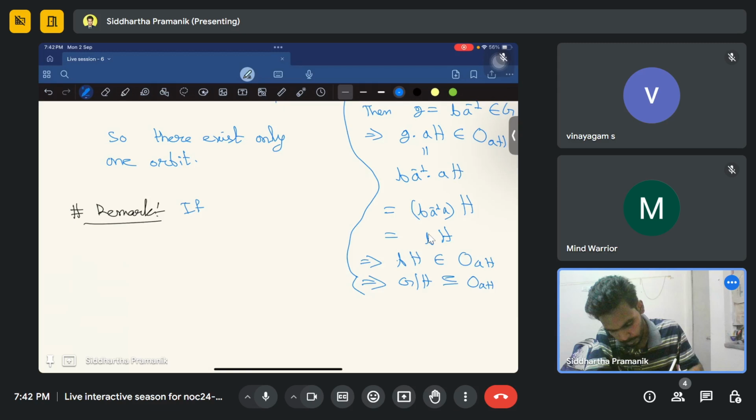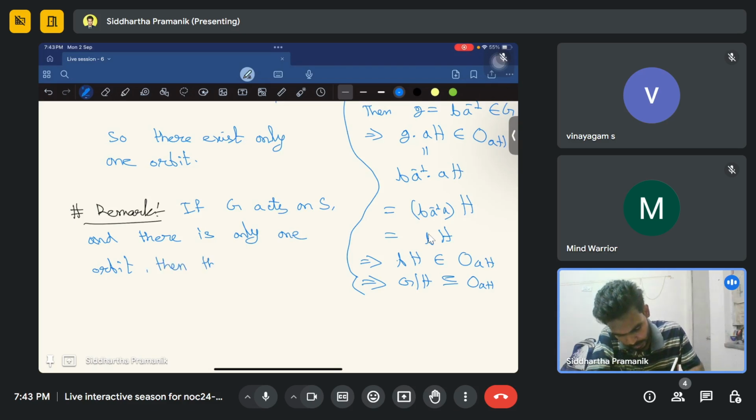If G acts on S and there is only one orbit, then this group action is called transitive.